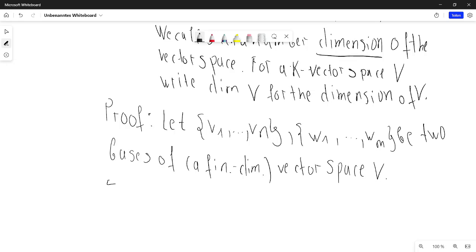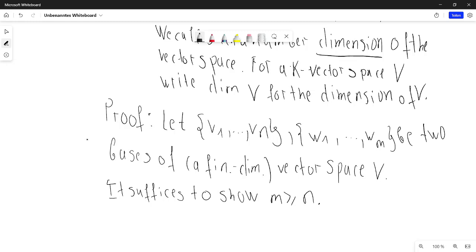It suffices to show m bigger or equal n, because then also n bigger or equal m, because we do not specify anything about the spaces, so we could just switch the roles, right?